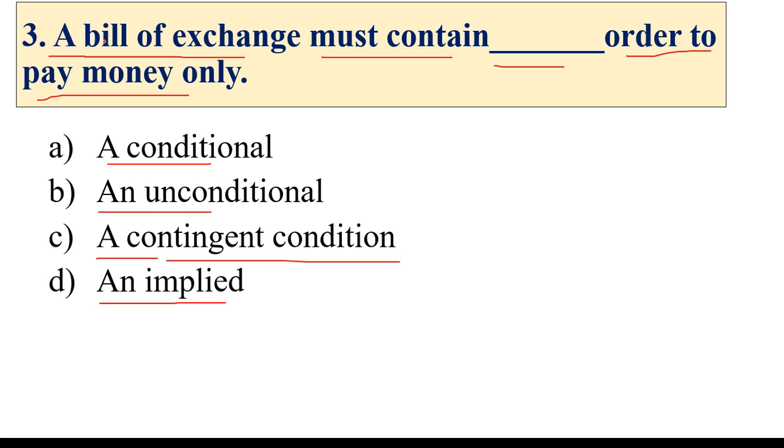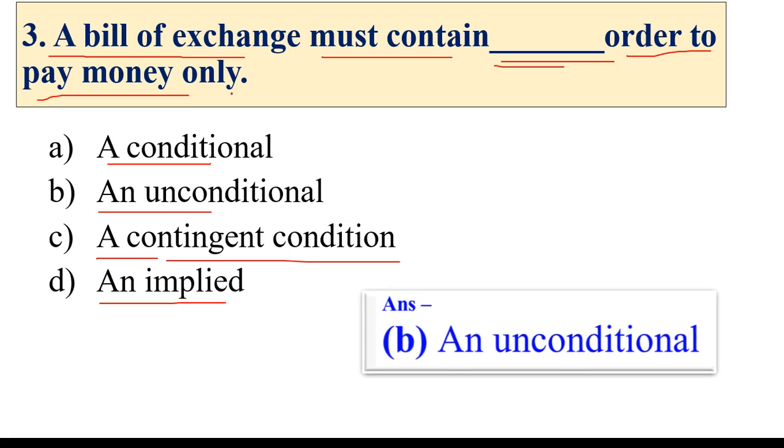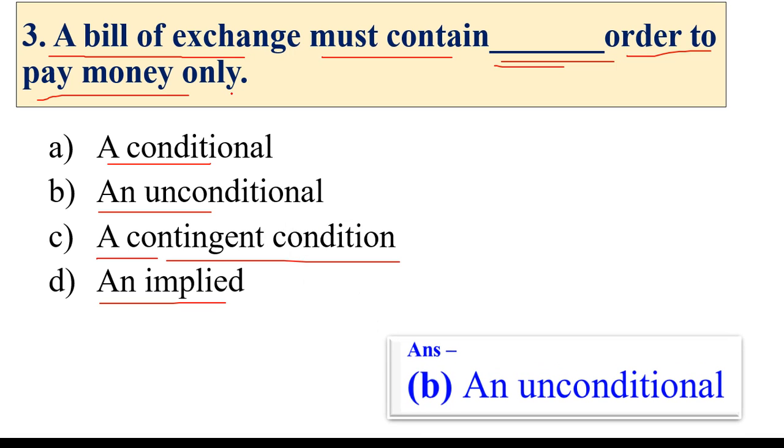So a bill of exchange must contain dash order to pay money only. Is it option A, B, C, D? You can give your answer in the live chat box. So we'll see the correct answer. The correct answer is option B, an unconditional order. So a bill of exchange must contain an unconditional order to pay money only.